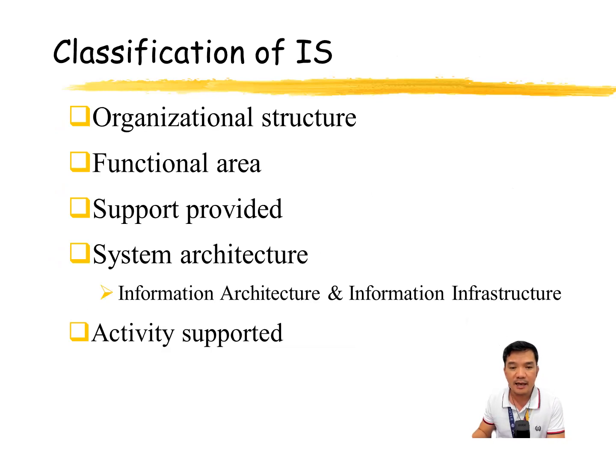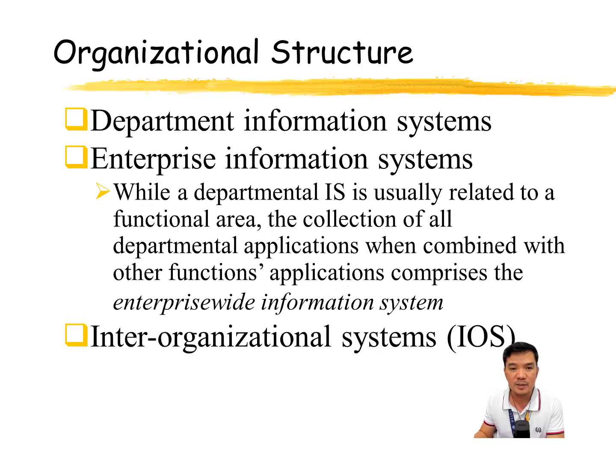So in this class, we can classify information systems depending on organizational structure, maybe the functional areas, the support it provides, the system architecture in which it was designed, and the specific activity that the information system is supporting. So in terms of organizational structure, looking at the organization as a whole, we can see that various information systems can be identified, and they can be named as follows.